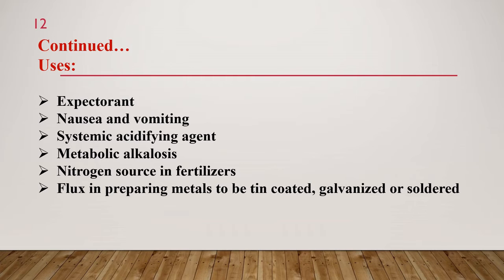Ammonium chloride is used as a systemic acidifying agent, so it can be used for the treatment of severe metabolic alkalosis. The main application of ammonium chloride is as a source of nitrogen in fertilizers. Ammonium chloride is also used as a flux in preparing metals to be tin-coated, galvanized, and soldered.